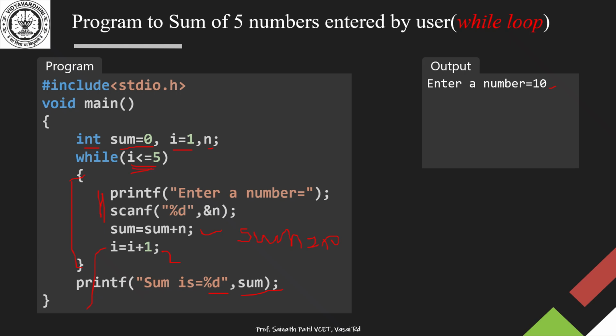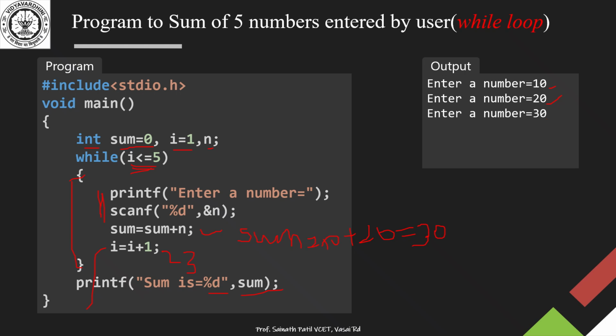So it will ask the user to enter a second number. Suppose I enter 20. So it will execute the statement sum is equal to sum plus n. The initial sum was 10 and the new value 20 will be added to it. So the new value 30 will be assigned to the sum. Then i will become 3. Is it less than 5? Yes.